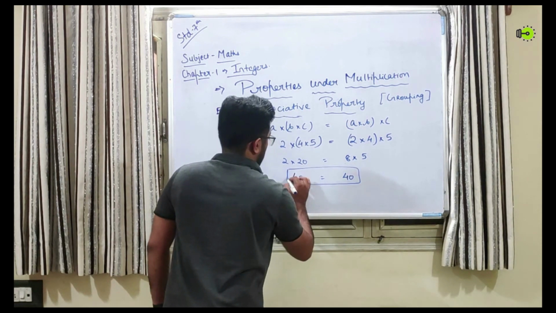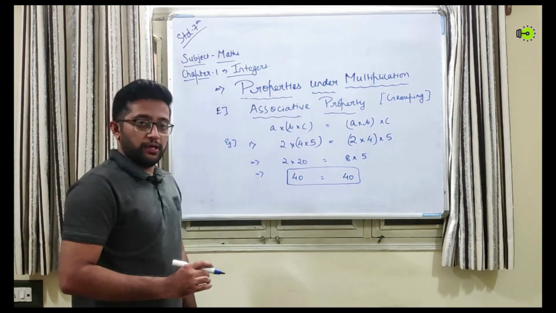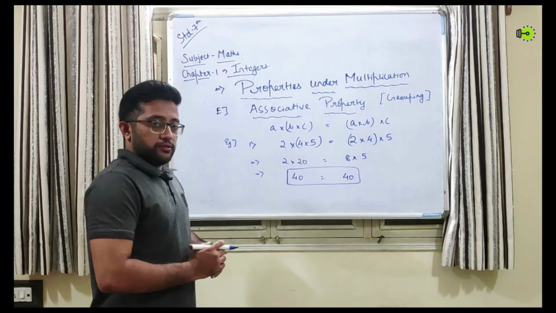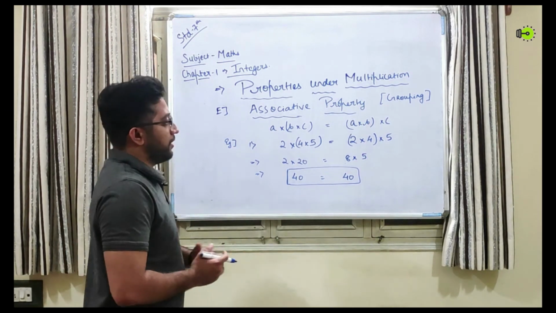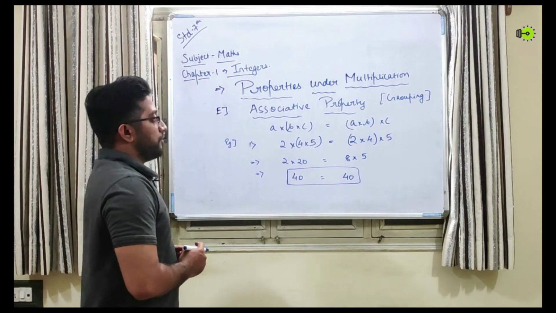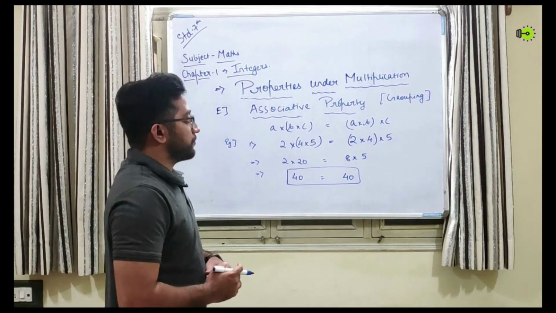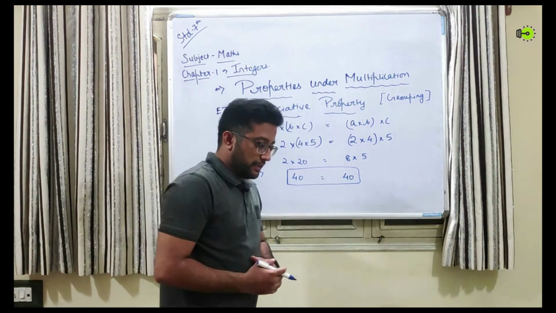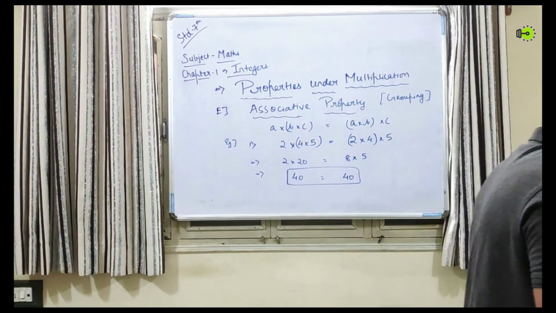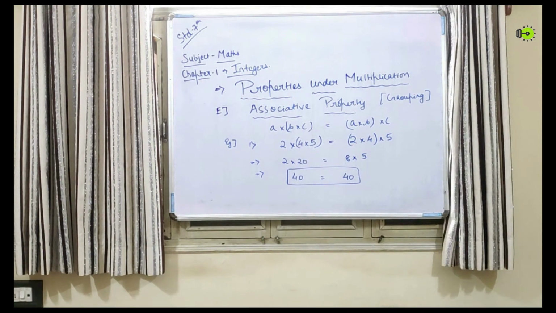Here you can see that our LHS is equal to RHS. Okay, there is no change in the answer. So associative property also holds true in case of multiplication for integers. Okay, please take a note of the same.